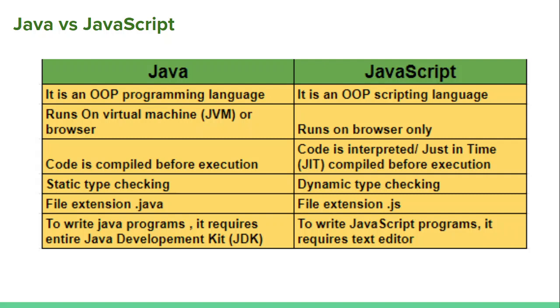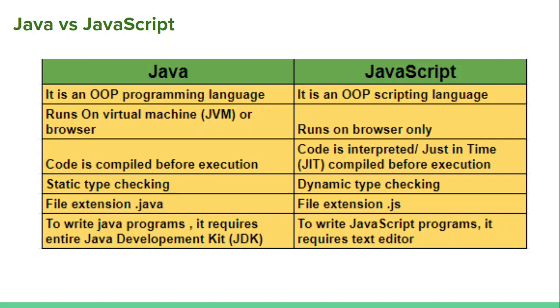Java supports static type checking. Static type checking means that we have to specify the data type before using variables. If I want to assign some value to variable A, that value is 5, that is numeric, so I have to specifically specify that this variable can contain the integer data type, right?